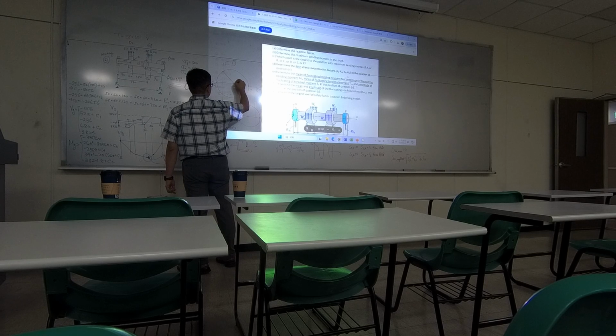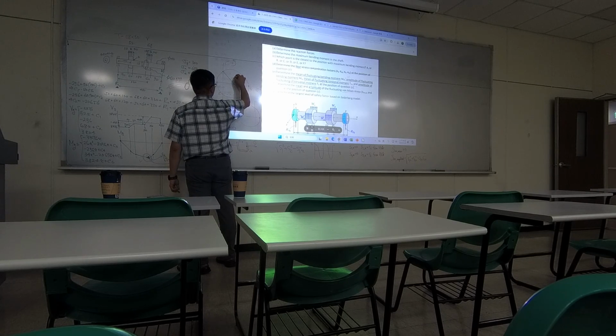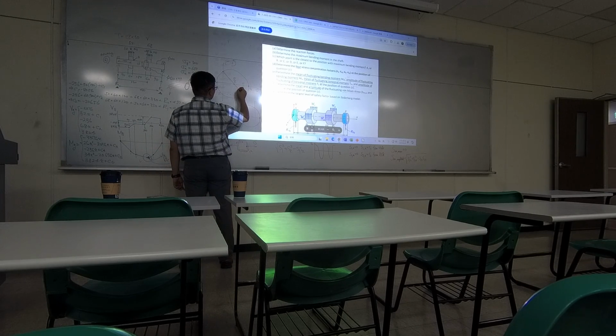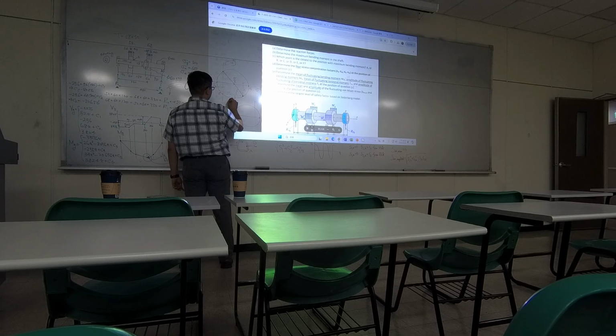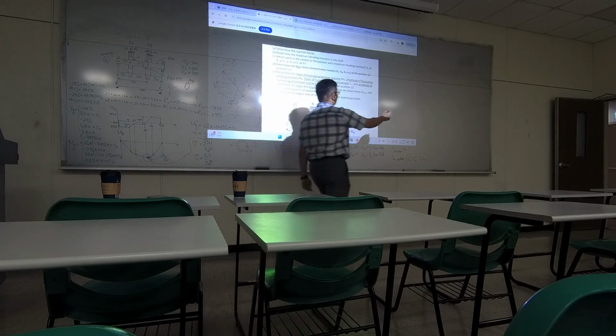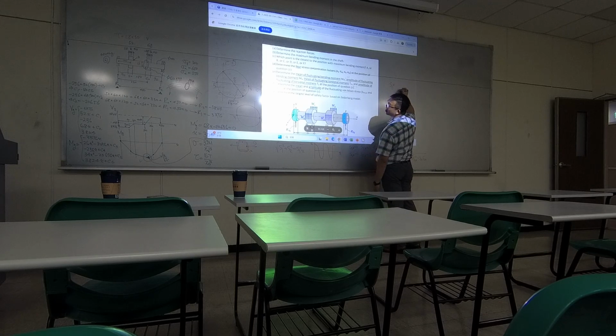Here the center is half of your sigma, right? And here is top. So the radius will be the square root of sigma squared over 4 plus tau squared. So your principal stress 1 is half of sigma plus the square root of sigma squared over 4 plus tau squared. And your principal stress 2 is the one with minus, right?